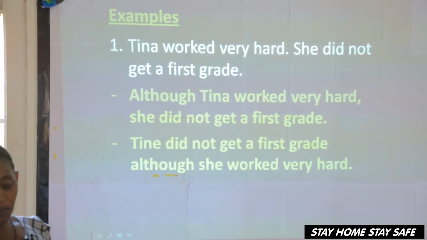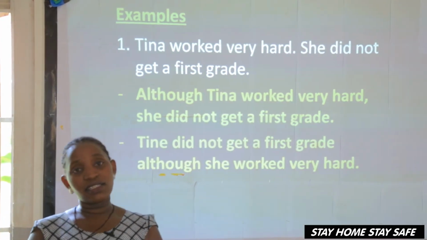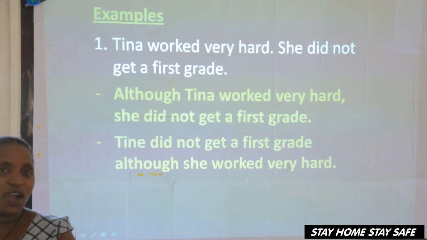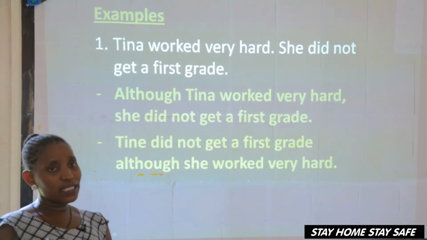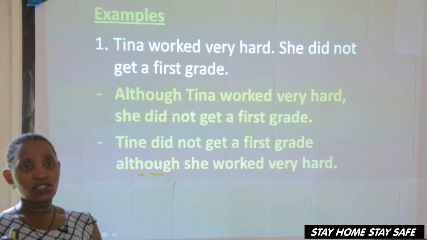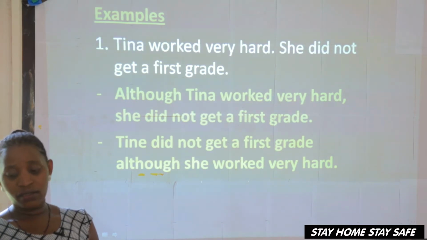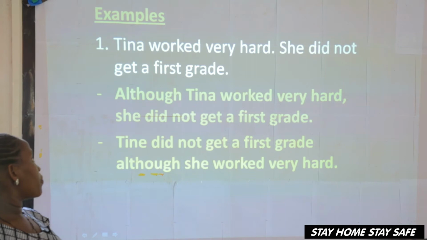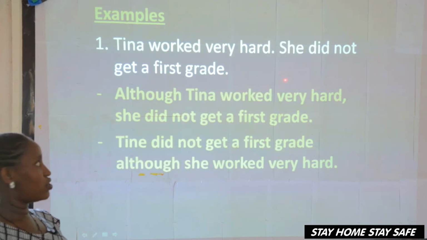So we have examples of these sentences that we use to join with although that do not agree at all. What we see is not what we get. What we expect is not what we get. For example, we have the sentence, Tina worked very hard. She did not get a first grade.